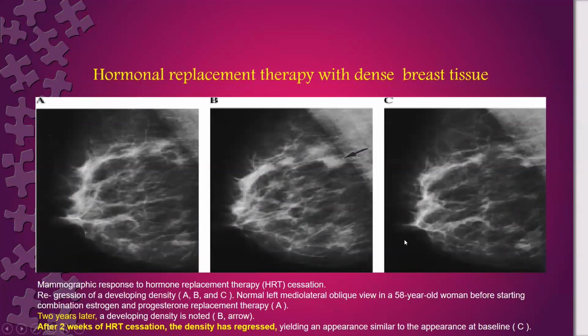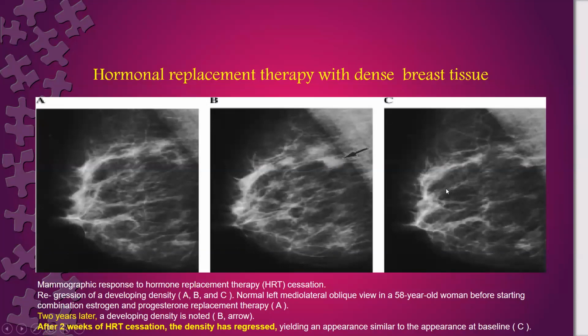And here, this is an example. What you can see here, in the image in between, is an asymmetry that was not seen at the baseline image. This lady received hormonal replacement therapy. Okay, and this is the baseline, and here it becomes slightly denser, and there is asymmetry here.